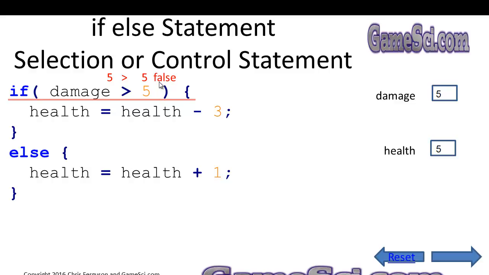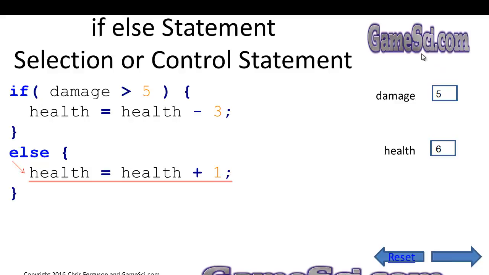So this is going to come out to be false. As a false statement, what do we think is going to happen? We think that we are going to skip the if block and go to the else. When we skip the if block and go to the else, we'll execute the code in the else block. We'll do our health equals health plus 1.